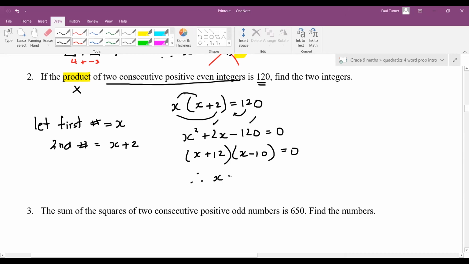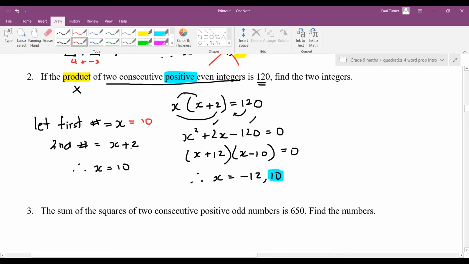Therefore, x equals minus 12 and 10. But go back to your question. We wanted the positive even integers, not negative even, not that one. So your answer here is 10. So therefore, x equals 10. Let's write that here actually.